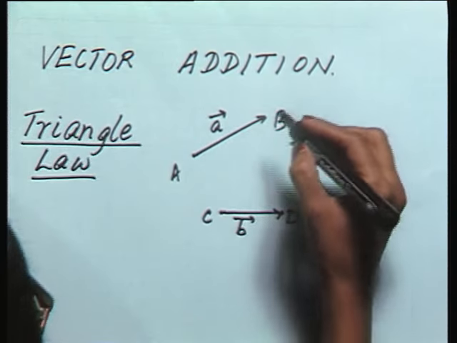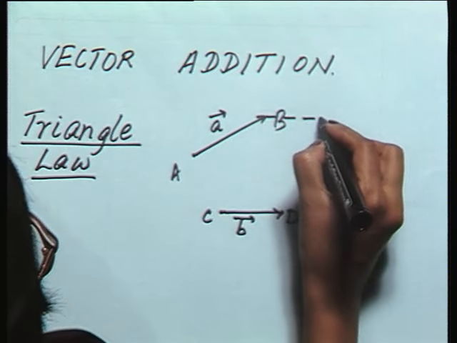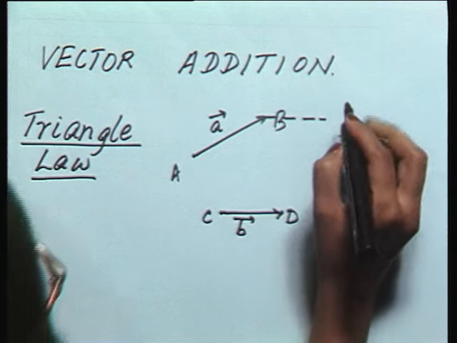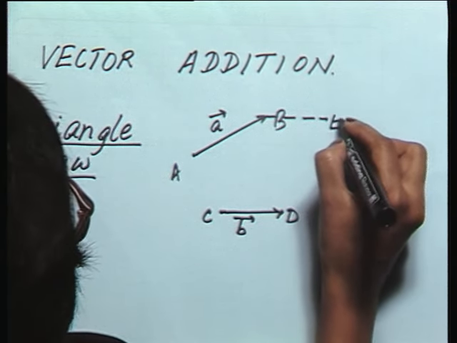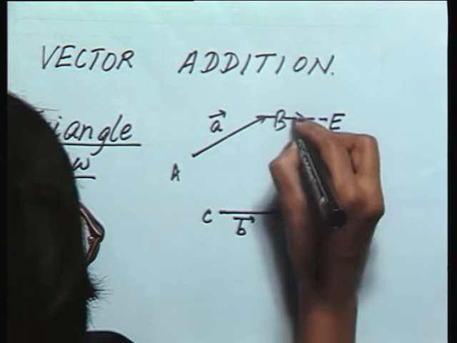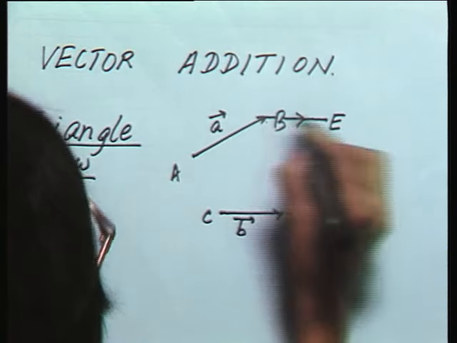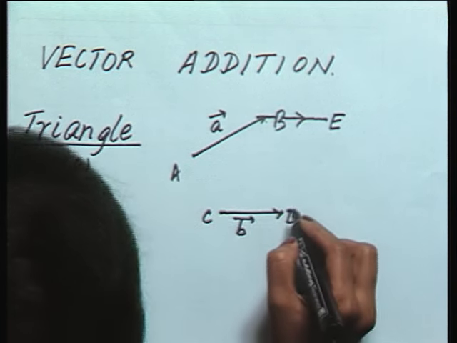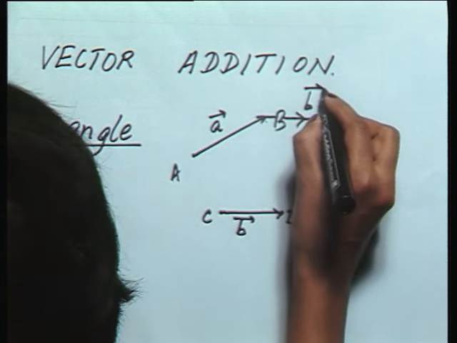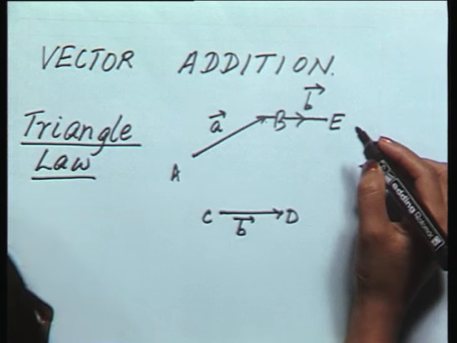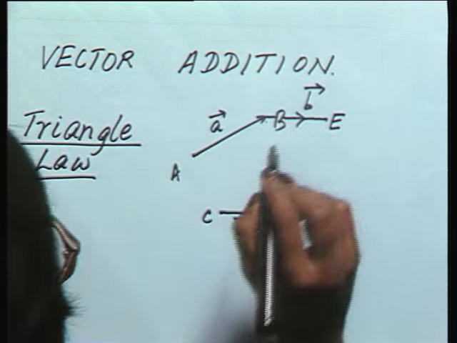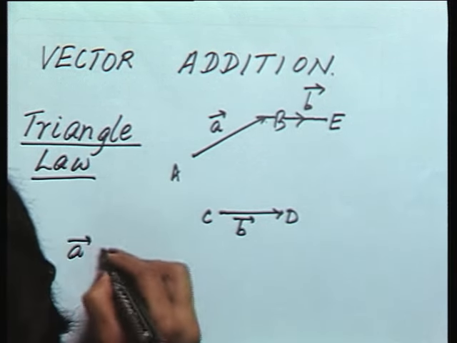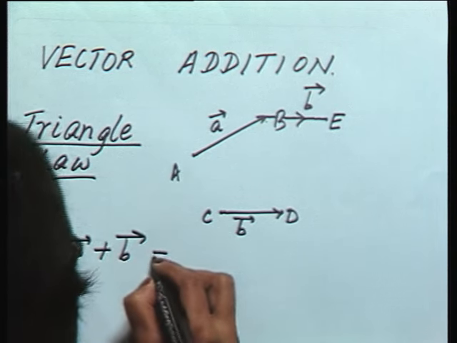Well, the first thing that you do is to draw through B a line equal and parallel to CD. Let us call that BE. So, by the definition of equality of vectors, the vector BE is equal to the vector CD. In other words, the vector BE is the same as the vector B. Then we define the sum A plus B of the vectors A and B as the vector AE.